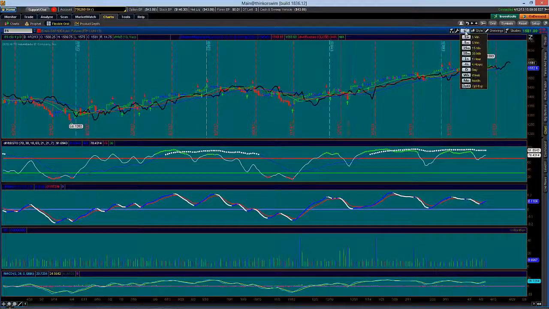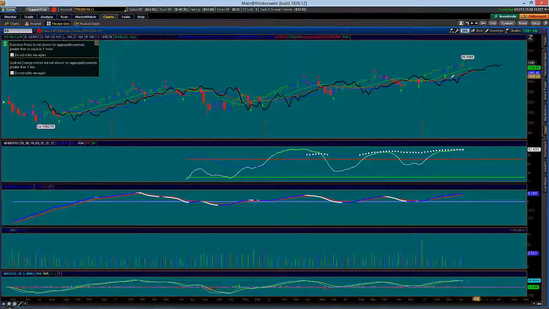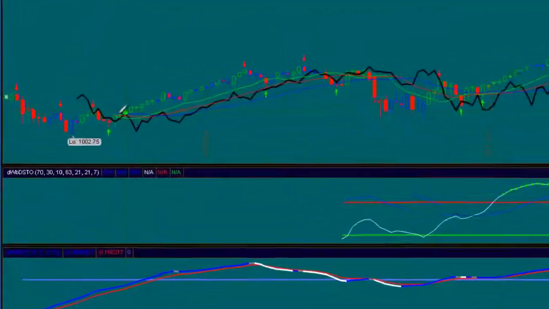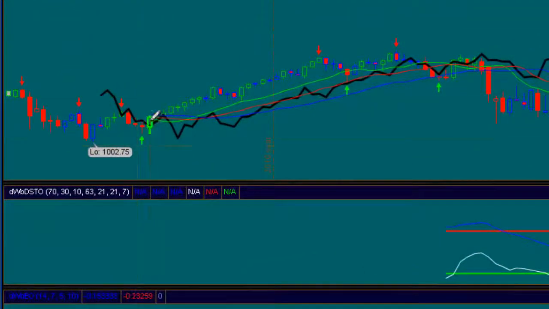And if we go back a little bit farther, I'll give you a little bit better idea of how this works. We want to see that this is a long enough time frame. So you can see here where our alligator data collection begins, and where our displaced moving average comes in.